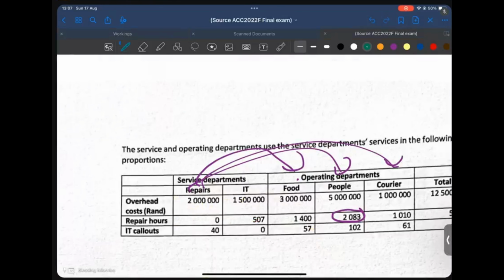So let's take for example at UCT, you have the ICTS. ICTS doesn't generate revenue on its own. It doesn't go to third parties and provide IT services. ICTS's main function as an IT department is to service other departments in UCT.